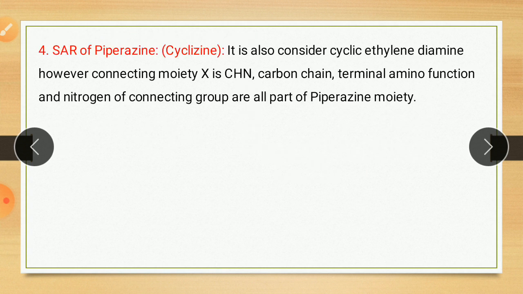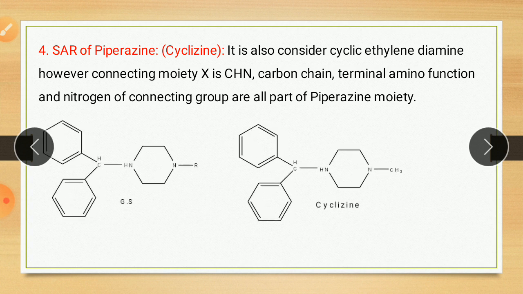Then the next category, SAR of piperazine, also called cyclizine derivatives. It is also considered a cyclic ethylenediamine. However, the connecting moiety X equals CHN, and this connecting carbon CHN, the carbon chain and the terminal amino function, and the nitrogen of the connecting group are all part of the piperazine moiety.